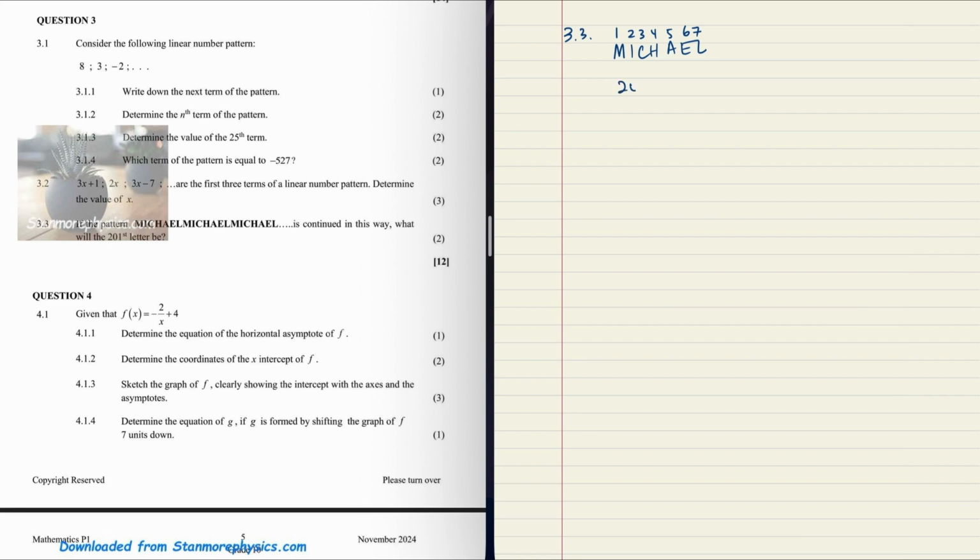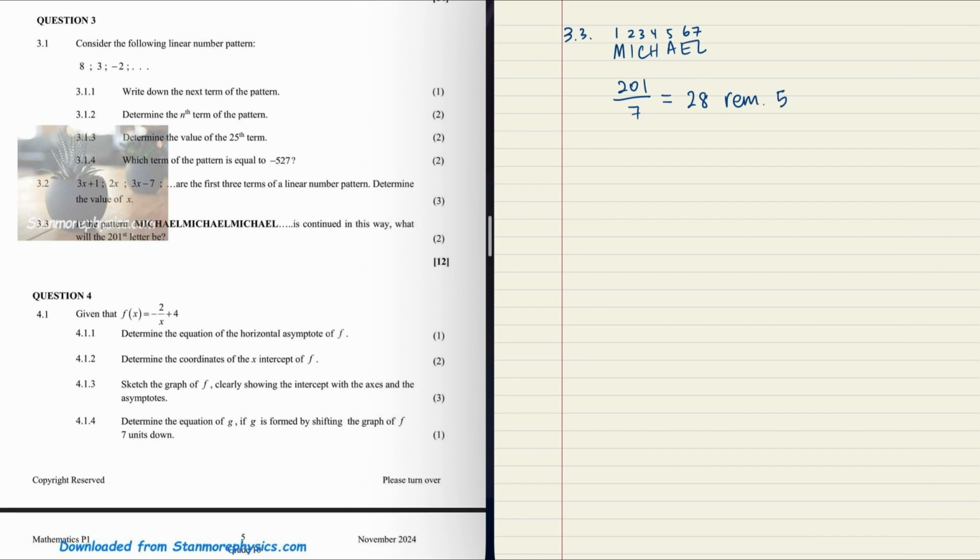So 201 divided by 7, which is equal to, now here we want a proper remainder like how you did in primary school. So this will be 28 remainder 5.